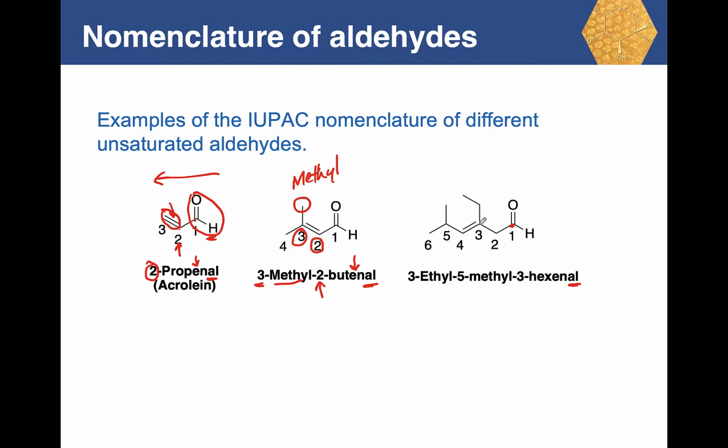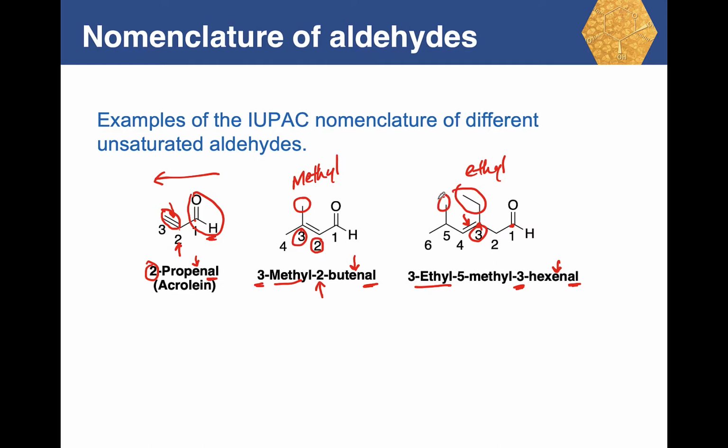There's a double bond starting at carbon number 3, so here's that 3, and here's that "e" to represent that double bond. Here's an ethyl group, and it's on carbon number 3, so it's 3-ethyl.